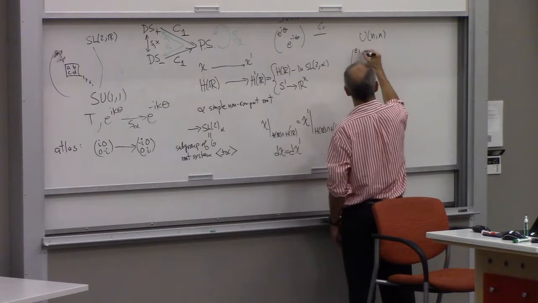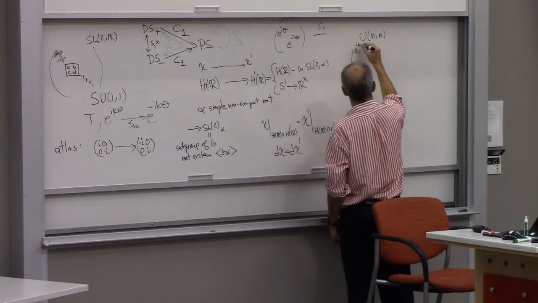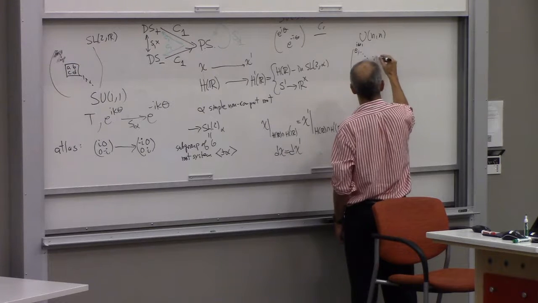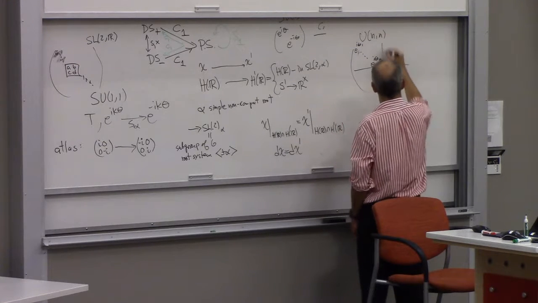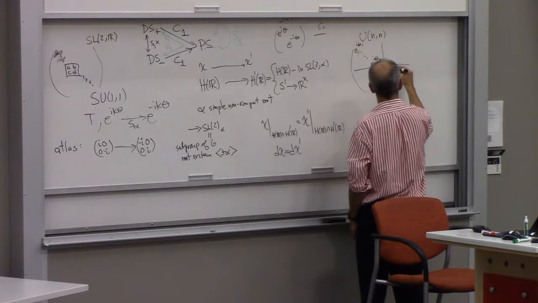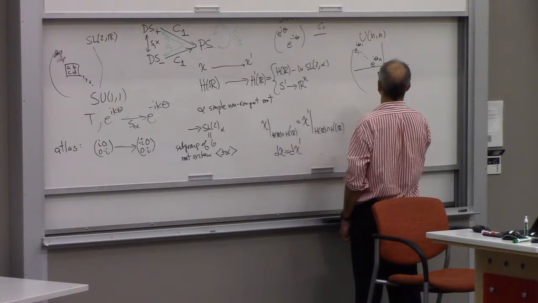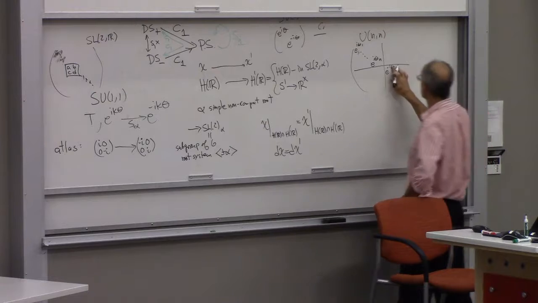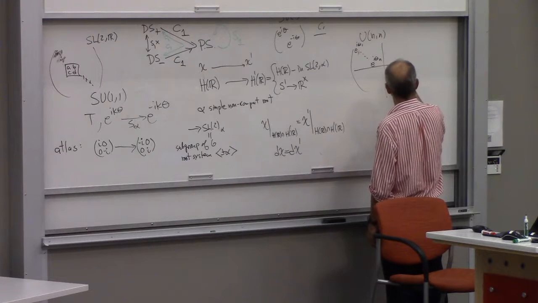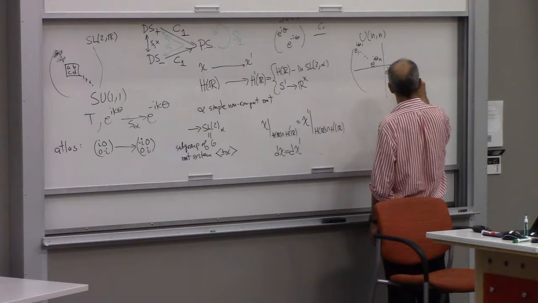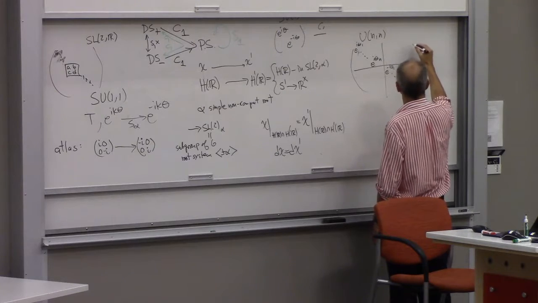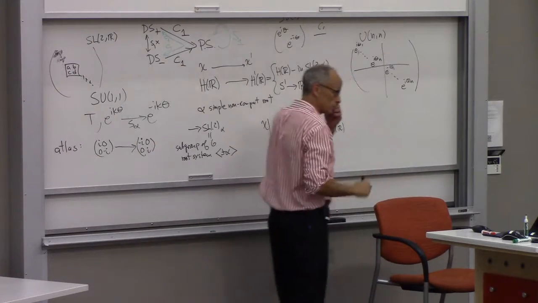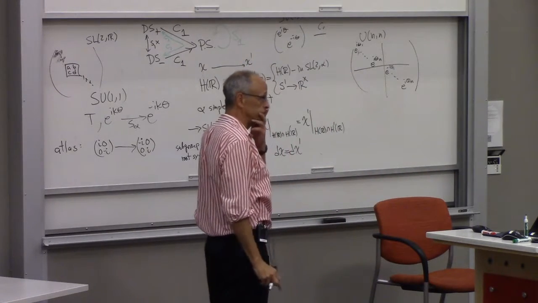So you have e to the I theta 1 through e to the I theta n, e to the minus I theta. No? E to the I phi 1. Oh, sorry, thank you. E to the I phi 1 through e to the I phi n. That's the compact Cartan in UNN. Okay?